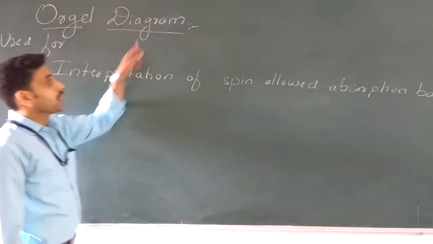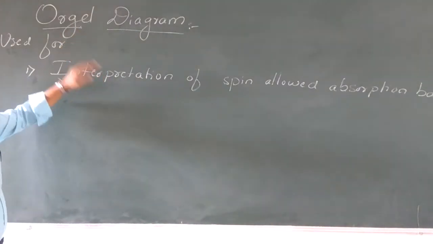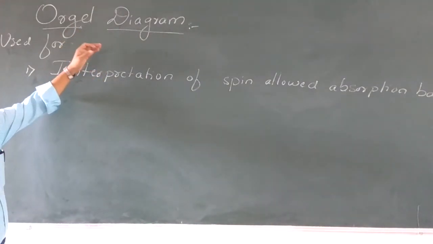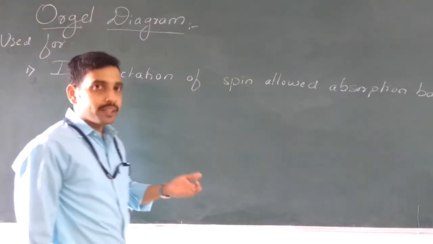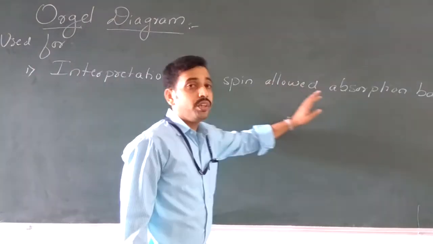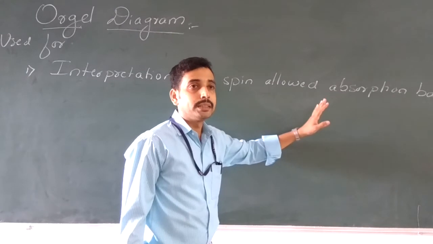So the first point is, with the help of the Orgel diagram we can explain the electronic spectra of the spin allowed transition complexes.